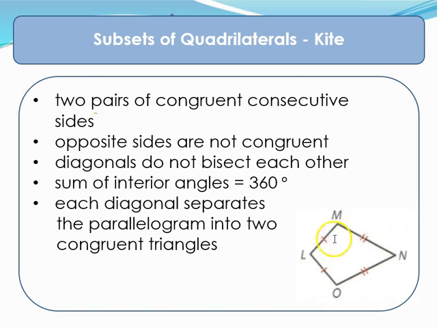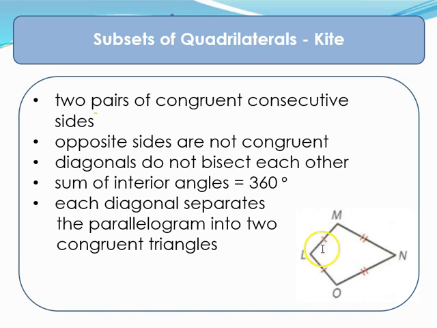Our next figure here is the kite. Now the kite is different. It has 2 pairs of congruent consecutive sides, but its opposite sides are not congruent. So you have to be very careful when you're working with kites.